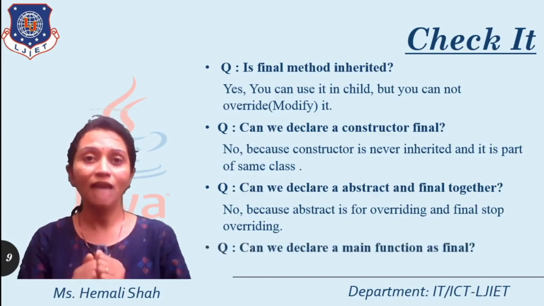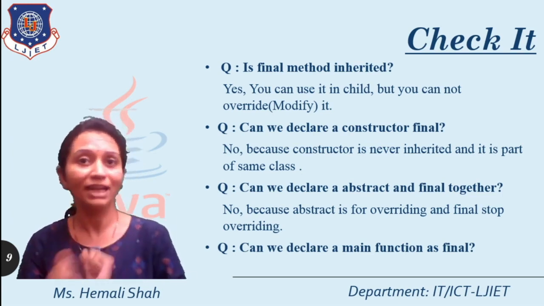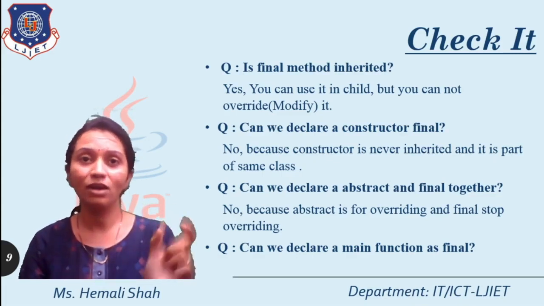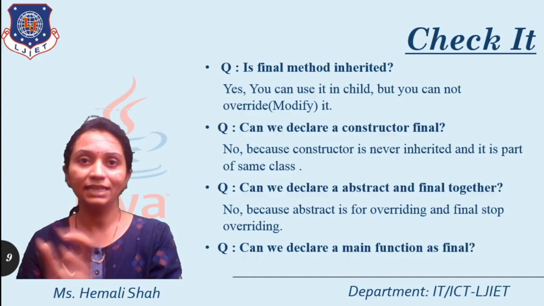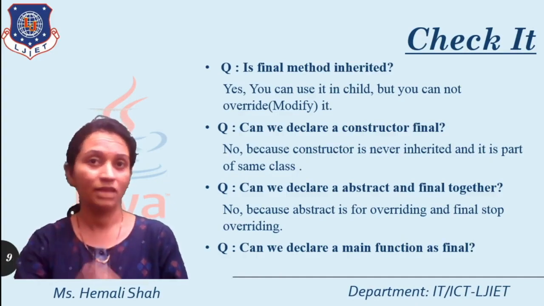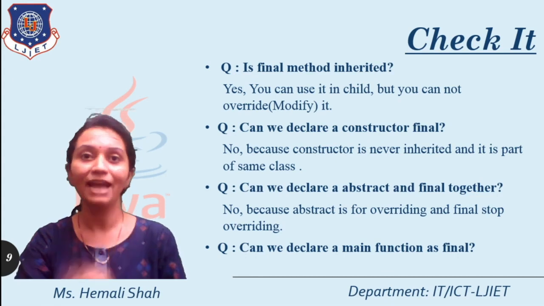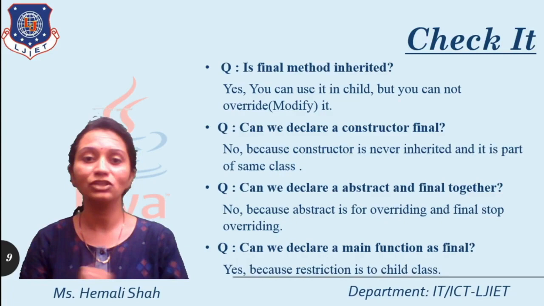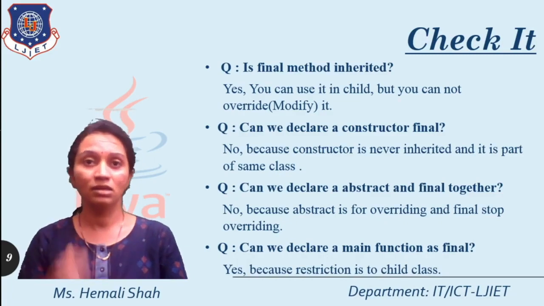Now give me the answer of this question: can we declare the main function as a final function? Try to write the keyword final public static void main in your program. Try to compile it and check. You will never get the error, so we can make the main function final, because we are not changing the main function.